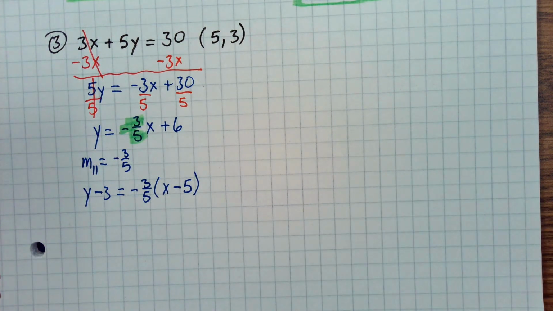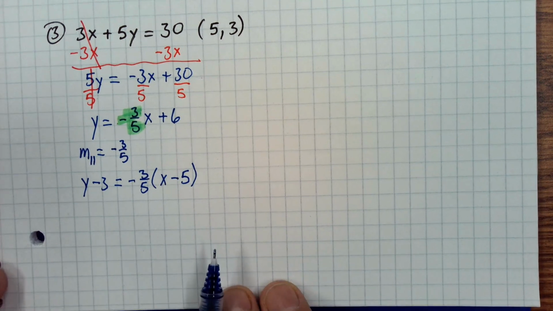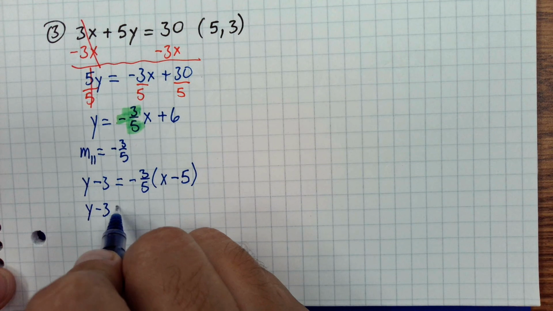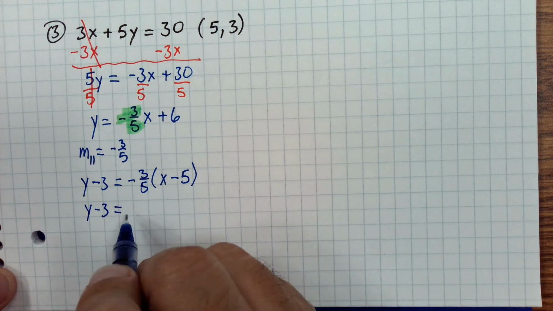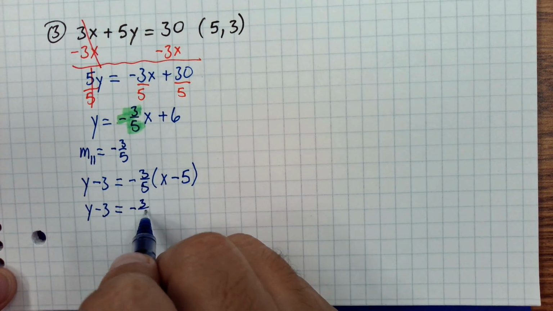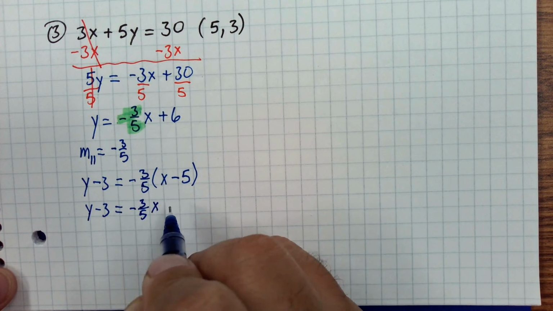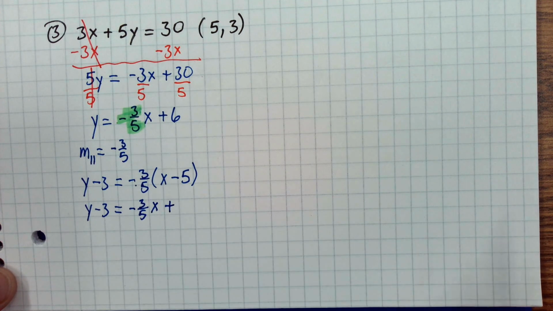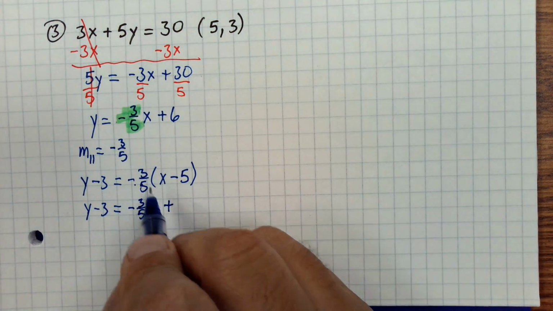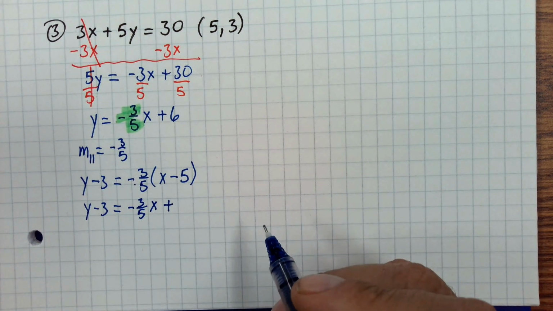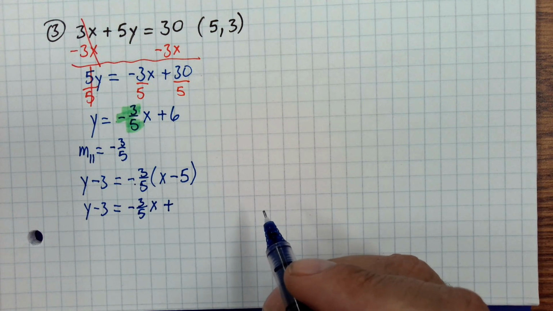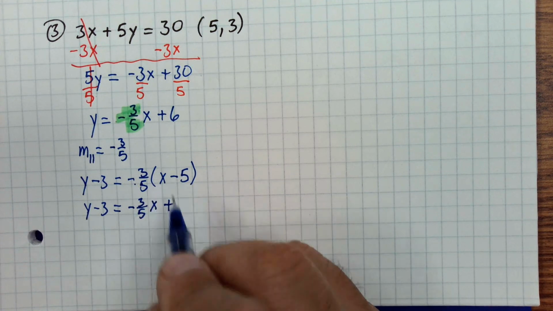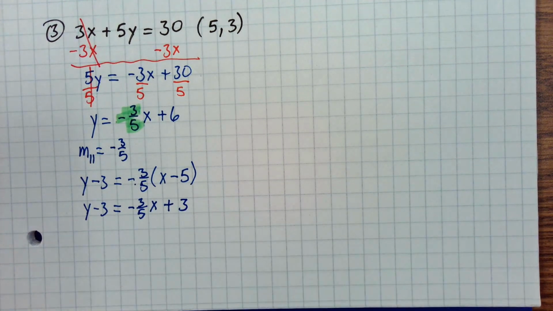So now we do the same thing. Solve for y here. You're going to do y minus 3 equals negative 3/5 times x. And then negative times negative is positive. And what's 3/5 times 5? 3. 5 divides into 5 once, then that 1 times 3 is 3.